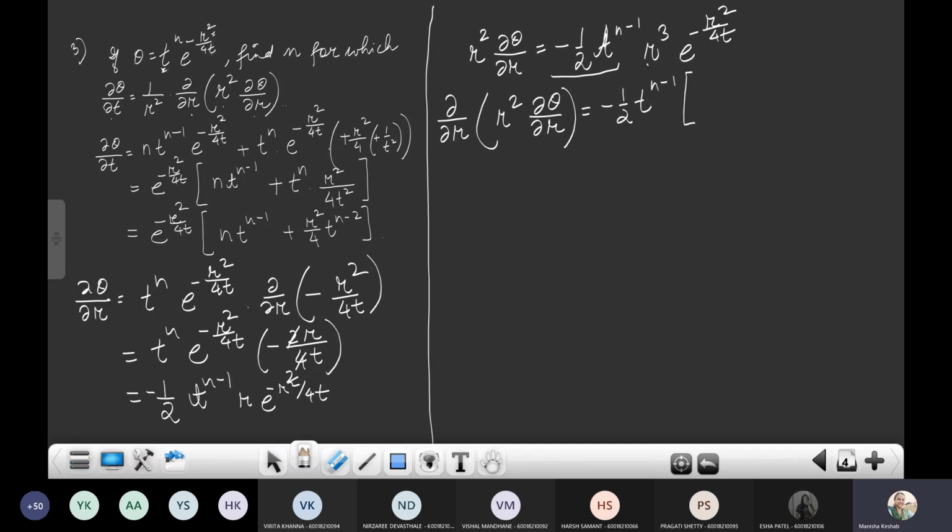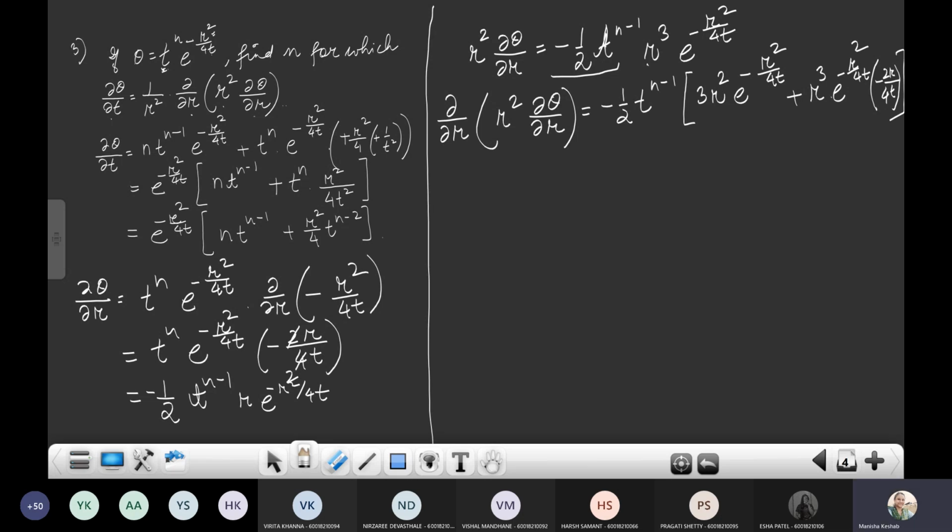So first if we differentiate this, we will get 3r square e power minus r square by 4t plus r cube into, now e power this first, so e power minus r square by 4t into differentiation of this, so we'll get minus 2r by 4t. So this is what we have got.